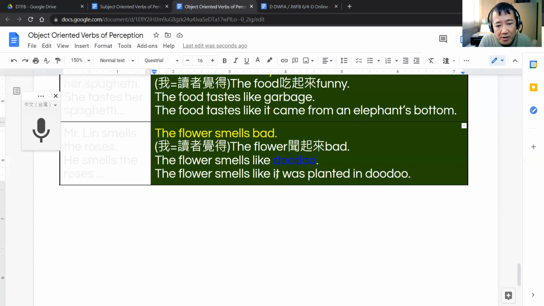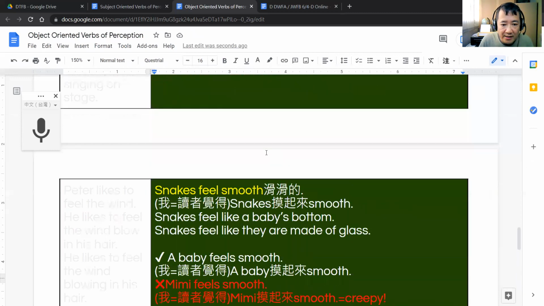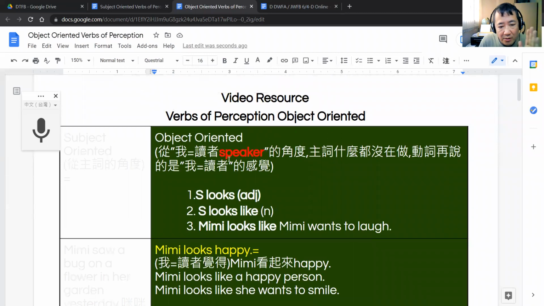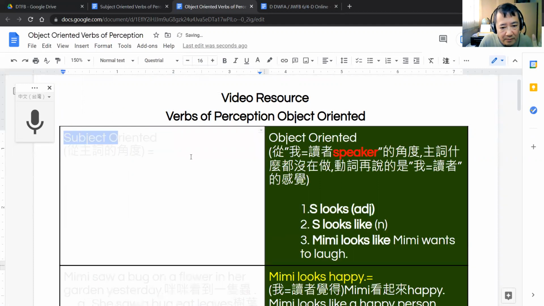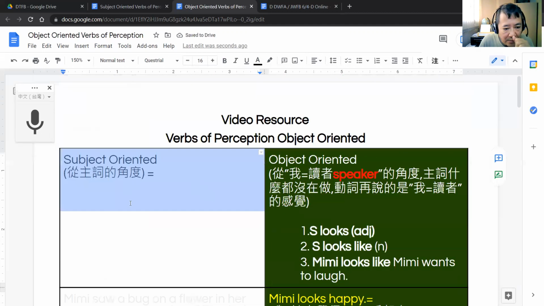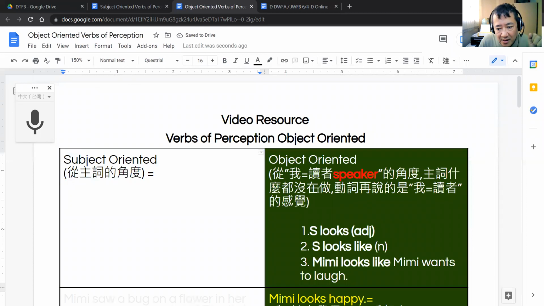Verbs of perception when they are used in this way, right? And I think the most important thing that you should take away from this is that this and this are different.